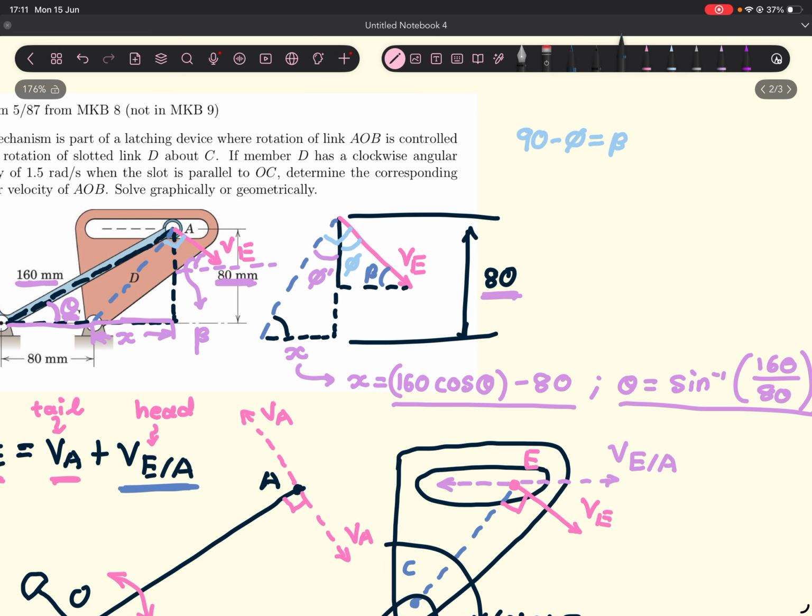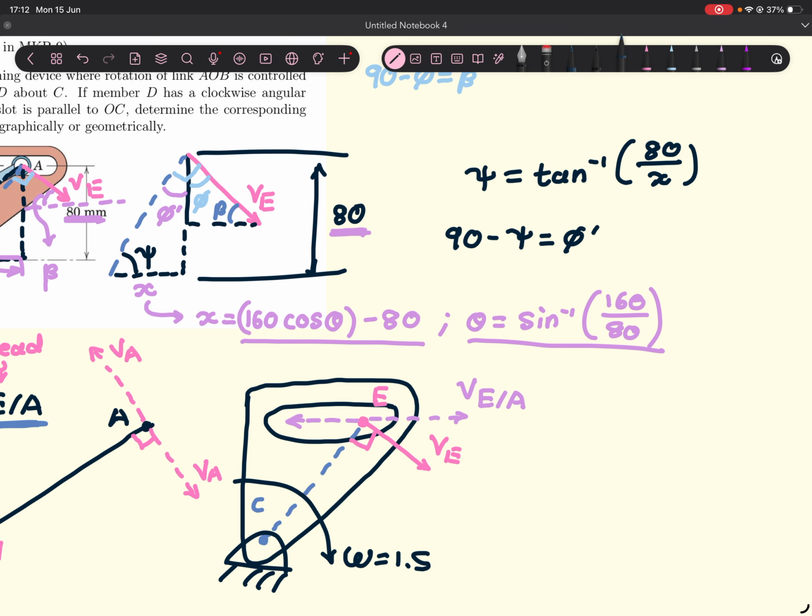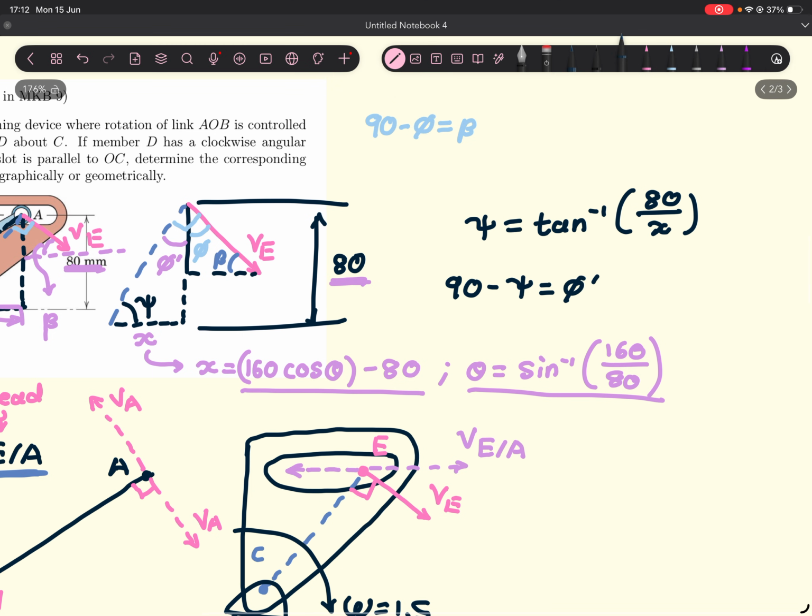Let's call that psi or whatever. So psi is going to be equal to arctan of 80 over x, and then 90 minus psi is going to equal phi prime, and then we know that 90 minus phi, 90 minus phi prime, sorry.